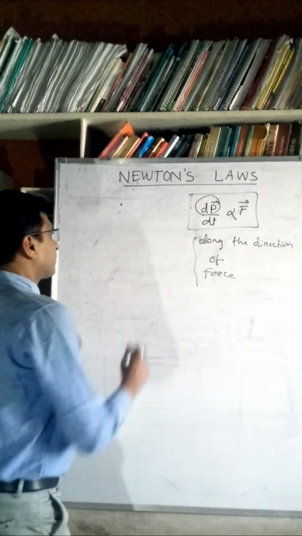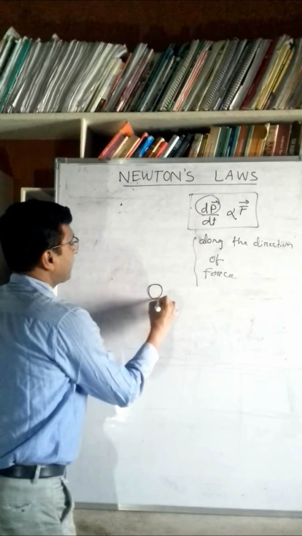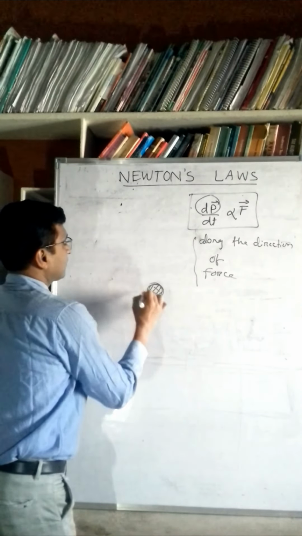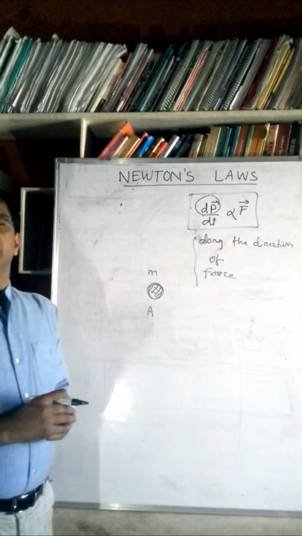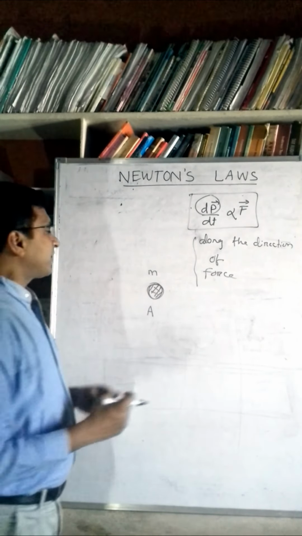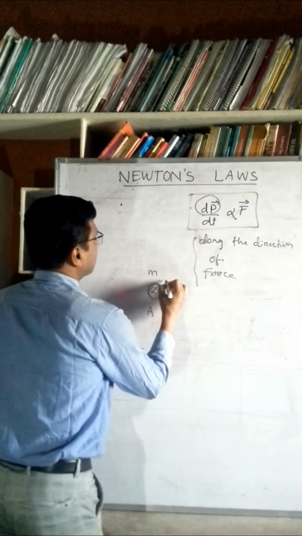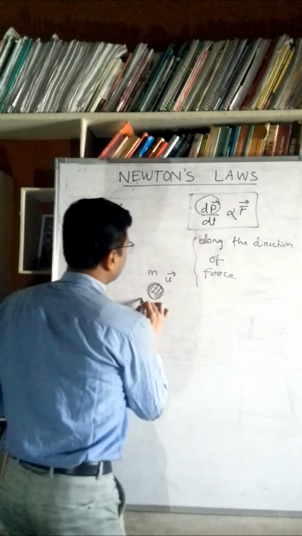Let us consider an object A having mass m, which is initially moving with a speed u along a straight line path.